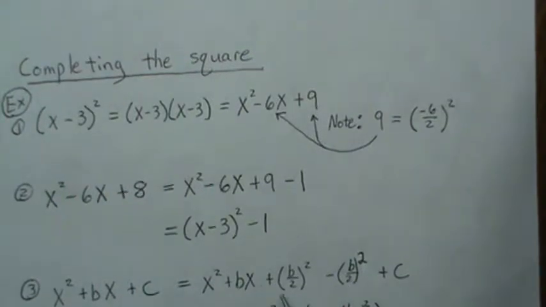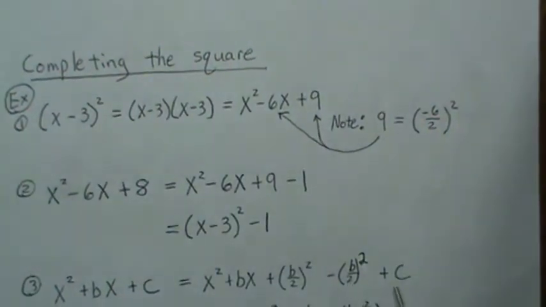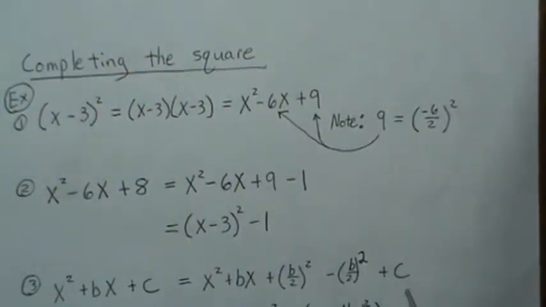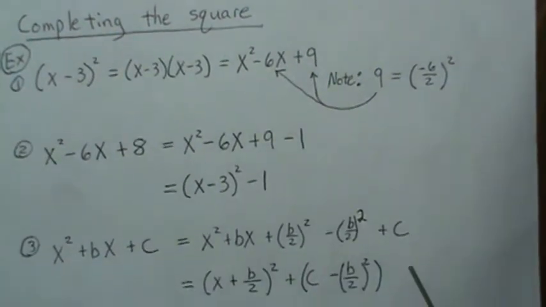But the reason we do that is this piece here becomes a perfect square, and then we have what's left over. And what's left over is a number, right? B and C are numbers, or they're real numbers. So a real number divided by 2 squared, and C, that arithmetic is a number.